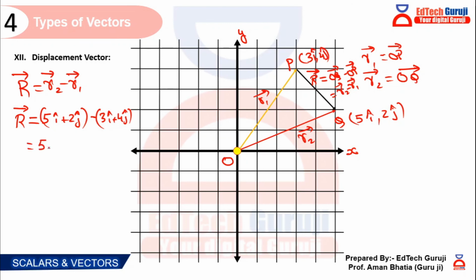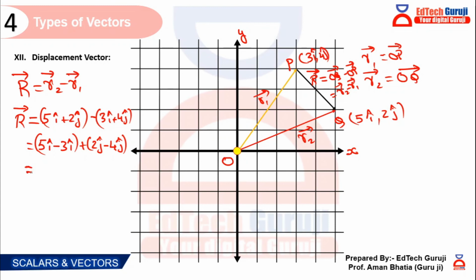So this becomes 5 i cap minus 3 i cap plus 2 j cap minus 4 j cap. So now this becomes 5 minus 3.